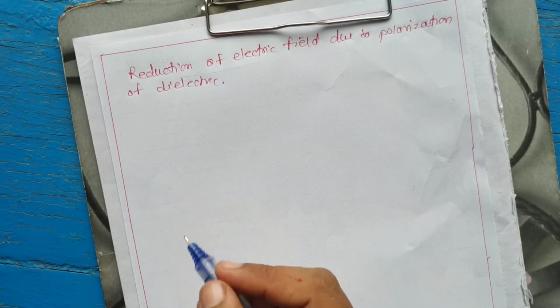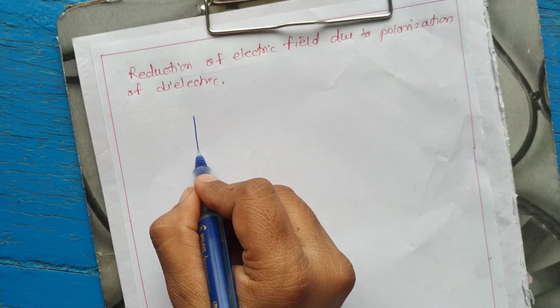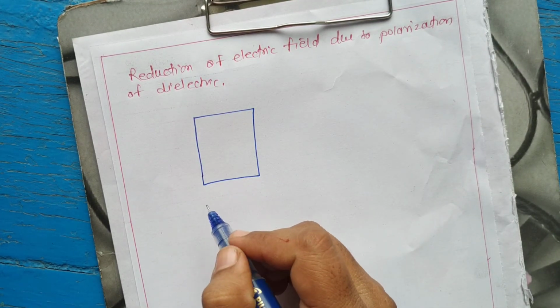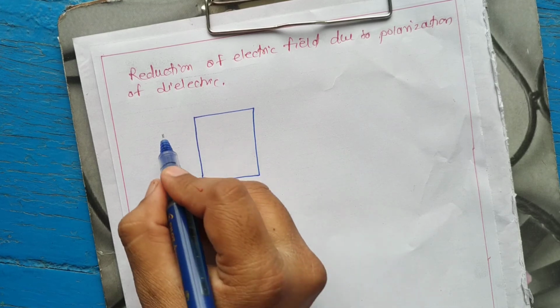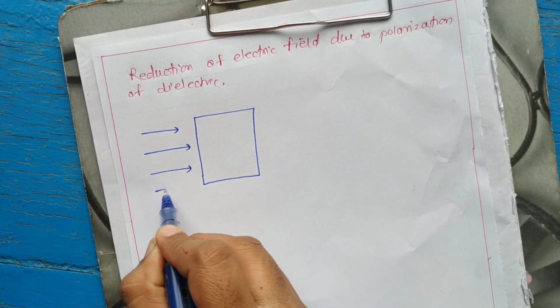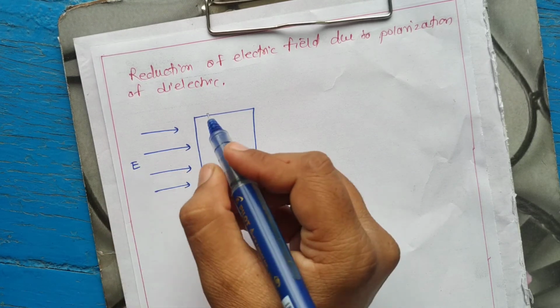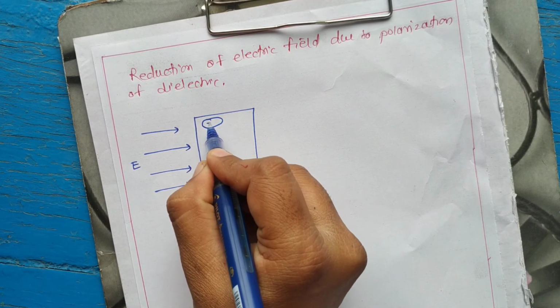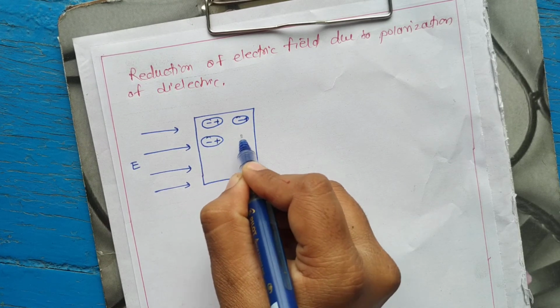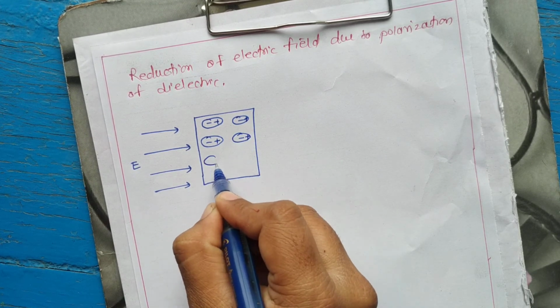Consider a rectangular dielectric slab. Suppose this is the rectangular dielectric slab placed in a uniform electric field E. This is the uniform electric field E. This is the polar dielectric, negative positive.